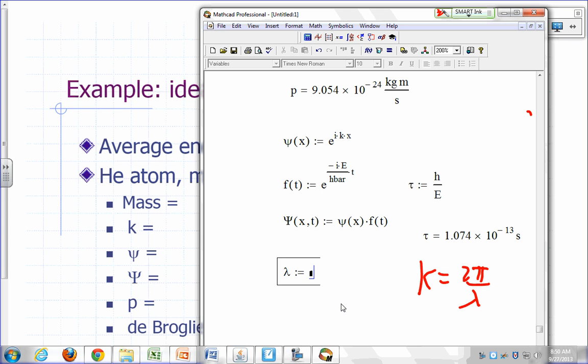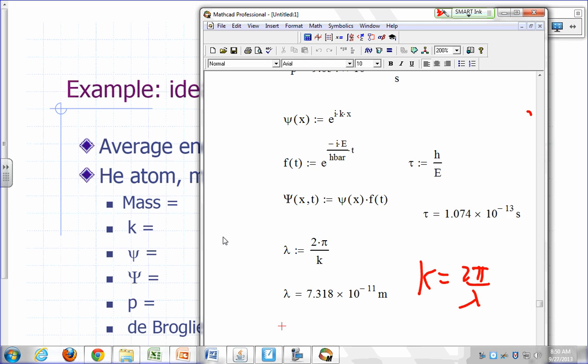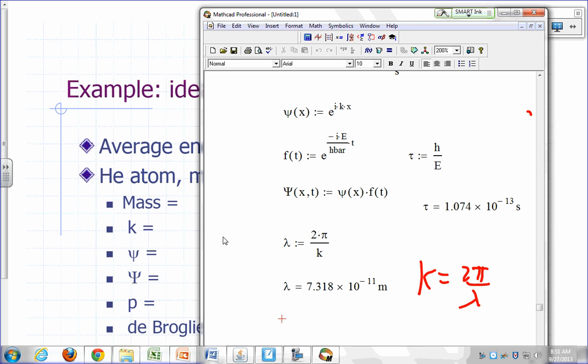Lambda is 2 pi over k, right? So lambda is about 7 times 10 to the negative 11 meters. So that's about 0.7 angstroms. An angstrom, if you recall, is 10 to the negative 10 meters.